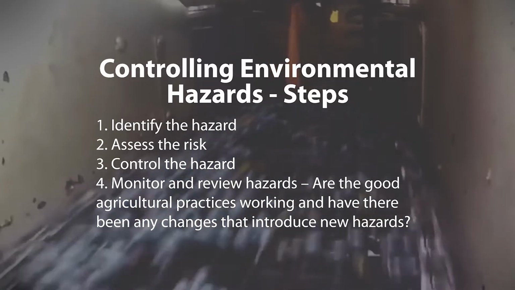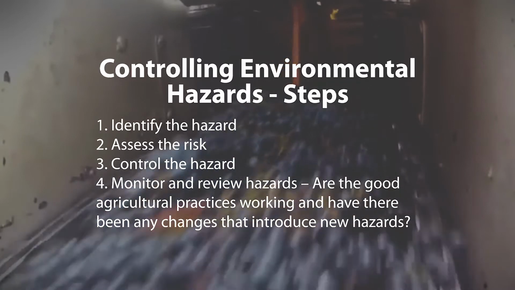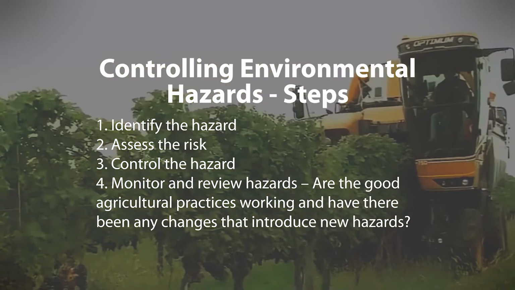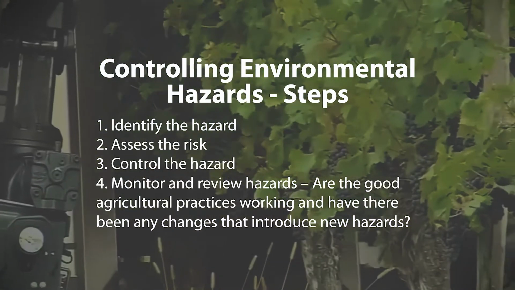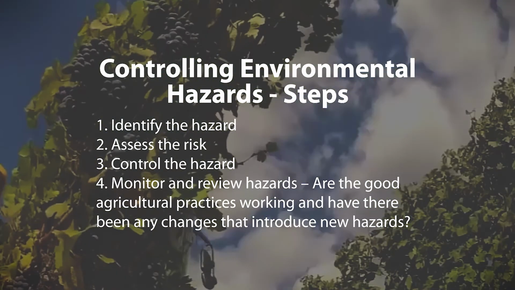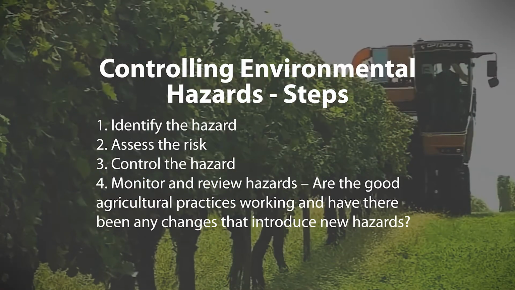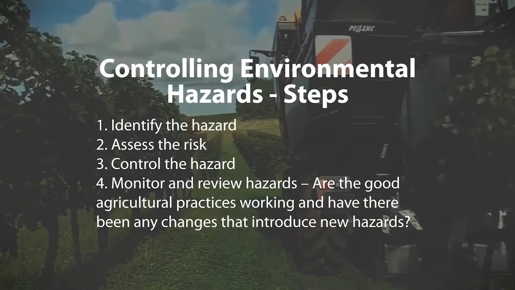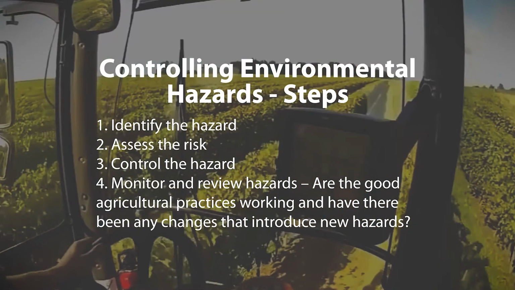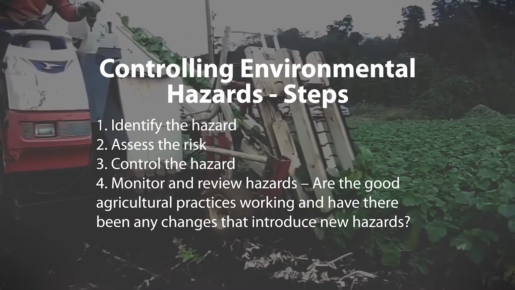Controlling environmental hazards. There are several steps to be taken to control environmental hazards. In identifying the hazard, growers must ask, what can happen to the environment on and off the property if something goes wrong? While assessing the risk, you will ask, what is the likelihood and consequence of the hazard occurring in the environment?